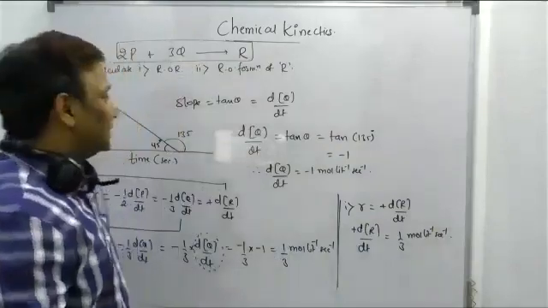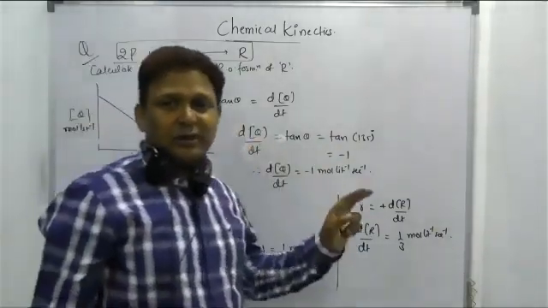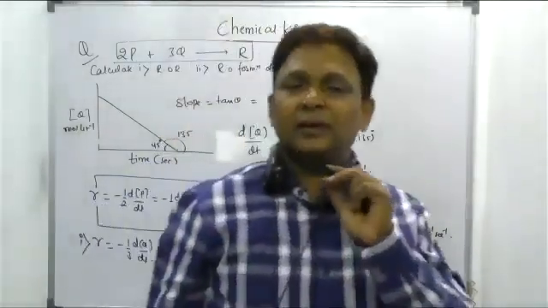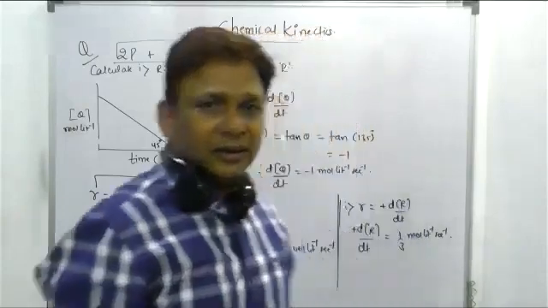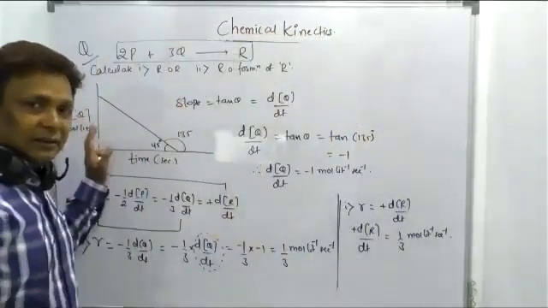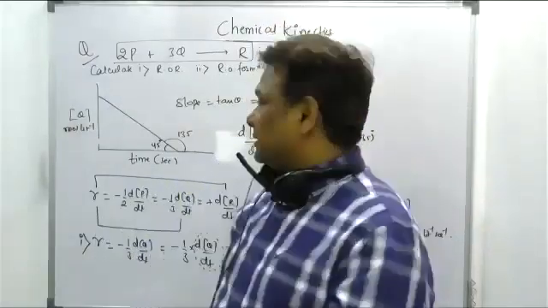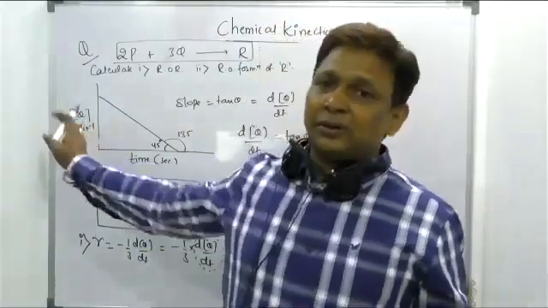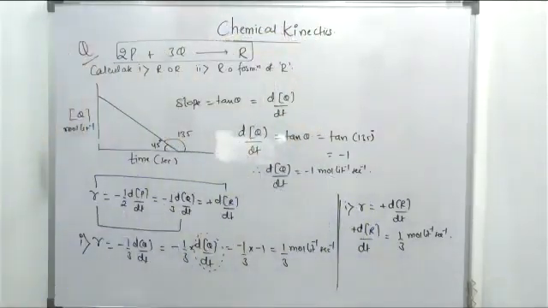So this is another graphical representation which helps us solve the rate of disappearance of the reactant as well as the rate of formation of the product. Is it clear? Whatever they have given in the graph, first get the slope of it. Once we get the slope, that is the rate of change of concentration of that particular term given in the graph. Please take a screenshot of this one also.